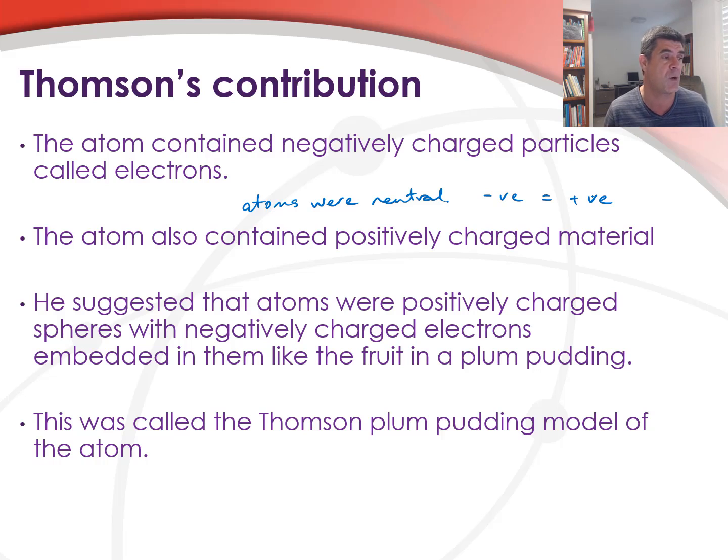Now his solution for this was that the electrons were separate particles, so they were kind of like little plums or little currants, little raisins, and they were sitting in this positively charged lump of material, which conjured up this idea of fruit in a plum pudding, or fruit in a pudding. And hence it's often referred to as Thomson's plum pudding model of the atom.